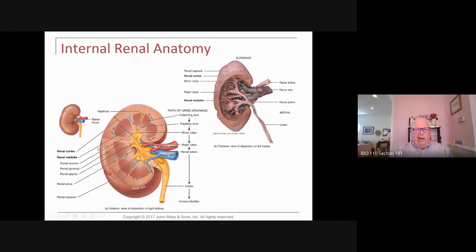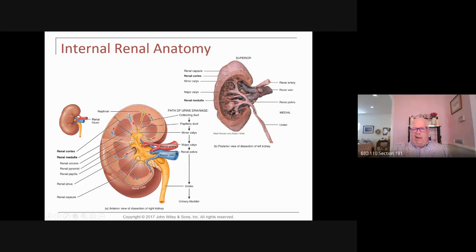Okay? Here is the cortex. This is the outer layer of the kidney, the cortex, and we'll talk more about the cortex. Inside, you have the medulla. Here's the medulla, and if you look at this, this looks like a pyramid. So the medulla inside has the pyramids, and here is the column, which is also in the medulla.